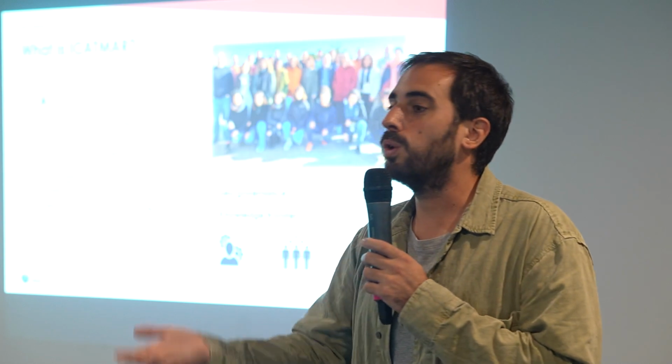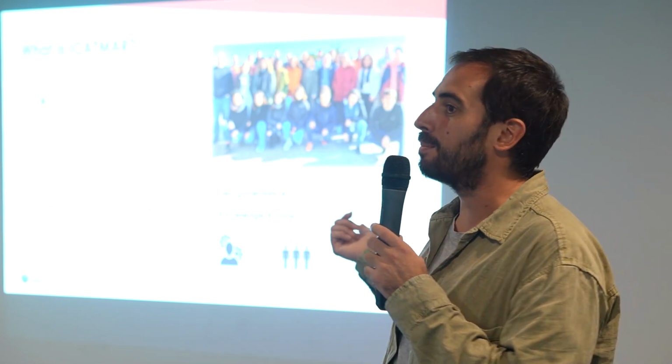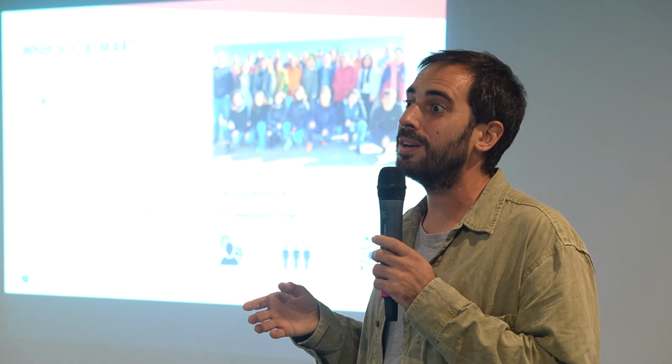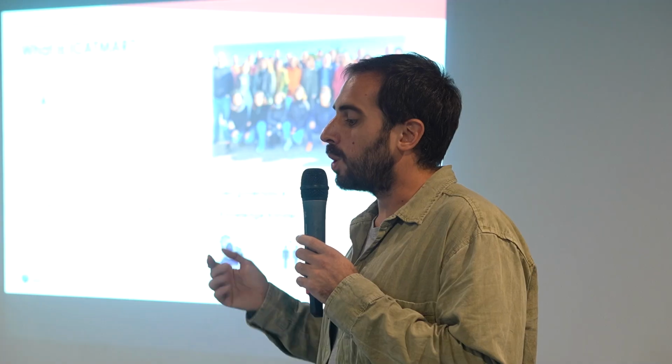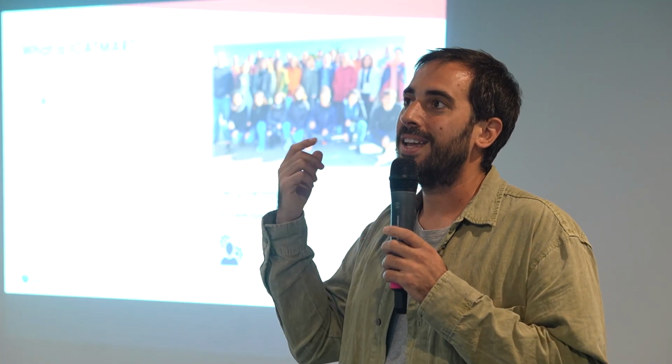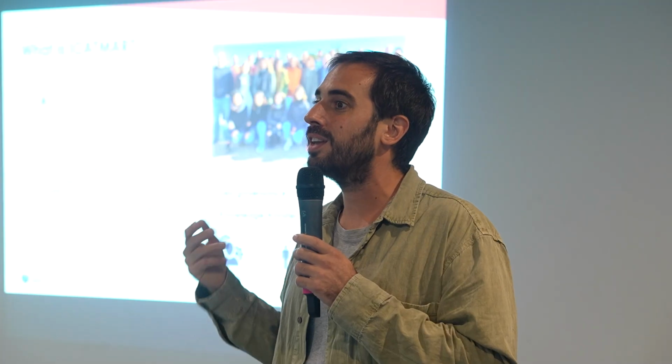So who's behind that? ICATMAR is the Catalan Research Institute for the Governance of the Sea. It's a cooperation organism between the Catalan government and the Institute of Marine Sciences in Barcelona. And we are located in the northwestern Mediterranean. Our main goal is generating data, collecting data, processing it, and analyzing it for giving advice to the government.